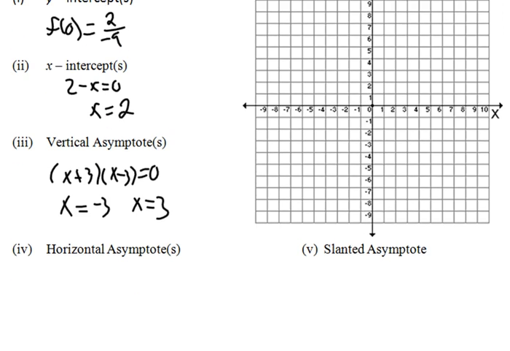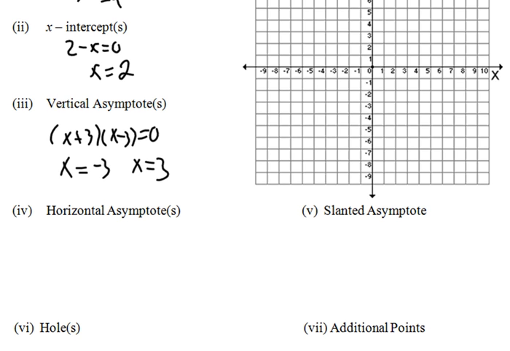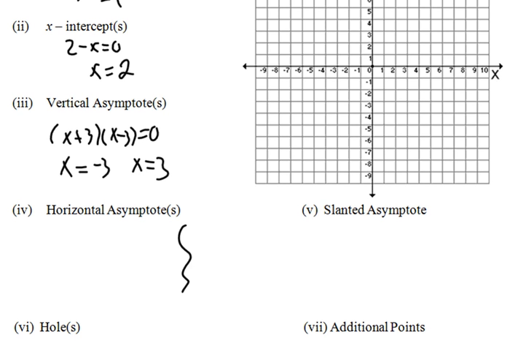What about the horizontal asymptote? The horizontal asymptote only happens in 3 cases, so let me go over those real quick. Say we have a polynomial, a x to the n over b x to the m, where these are my leading coefficients and leading terms.